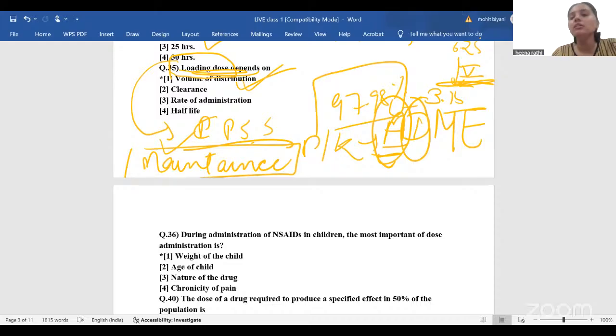This maintenance dose depends upon the clearance of the drug. So there are two things: the loading dose depends upon the volume of distribution, and the maintenance dose depends upon the clearance of the drug, to maintain the steady state plasma concentration achieved by the loading dose.